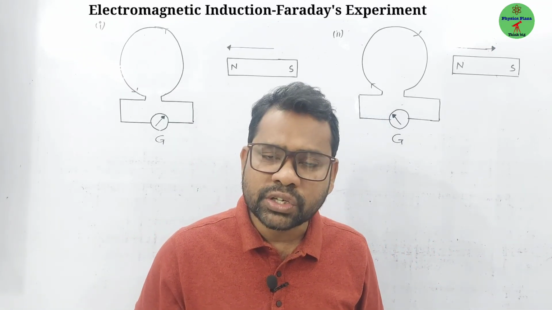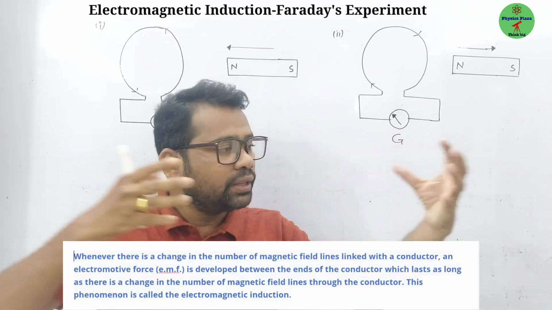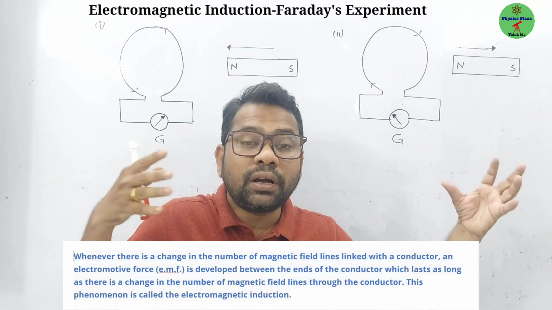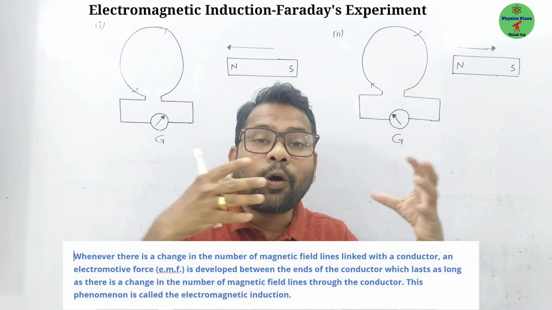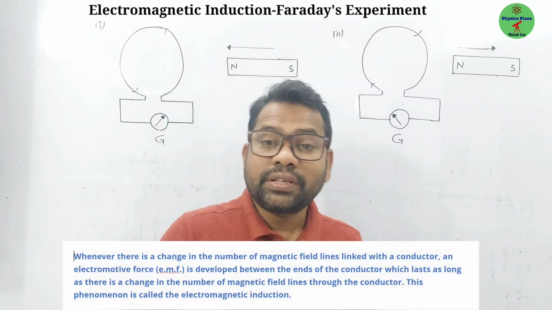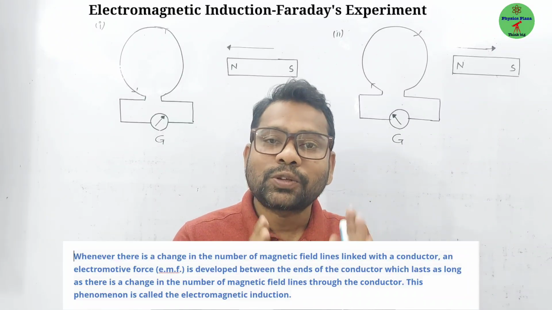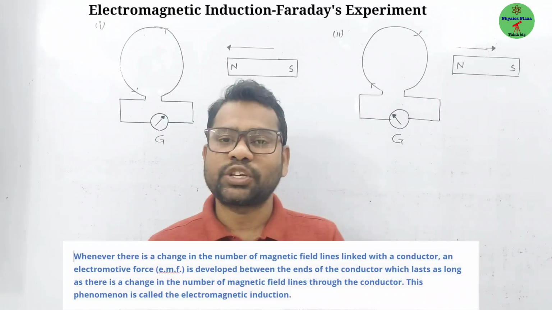What is electromagnetic induction, children? I repeat once again: when there is a relative motion between the coil and the magnetic field, induced EMF is produced, which leads to induced current. This phenomenon is called electromagnetic induction.